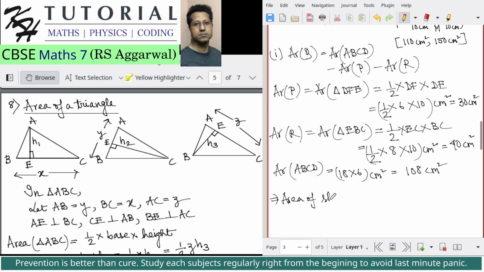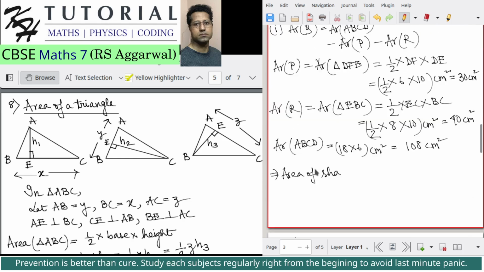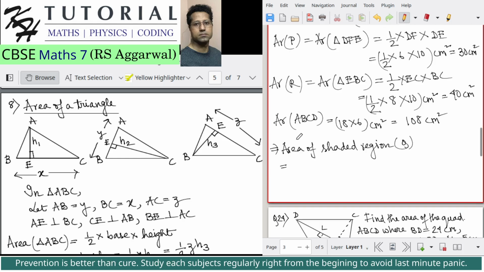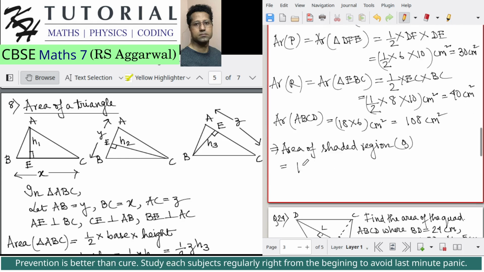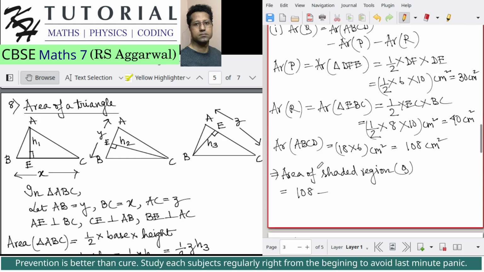So this implies area of the shaded region, which I have visually represented with the letter Q. Area of the shaded region Q will be equal to area of ABCD, which is 108, minus area of P, which is 30, and area of R, which is 40.